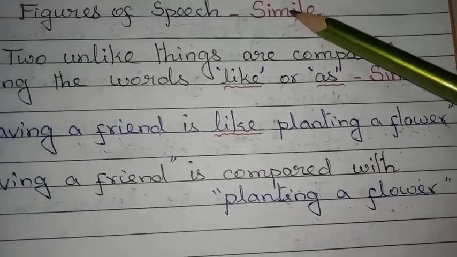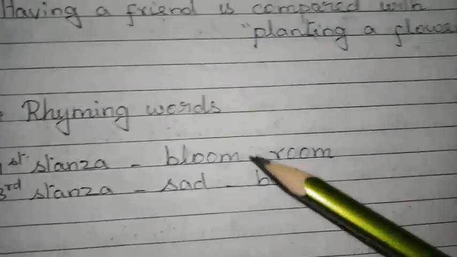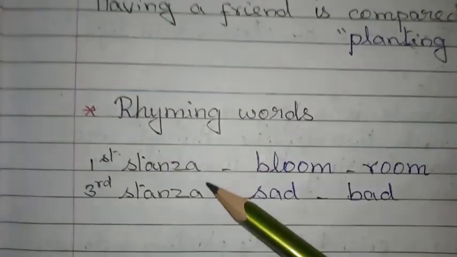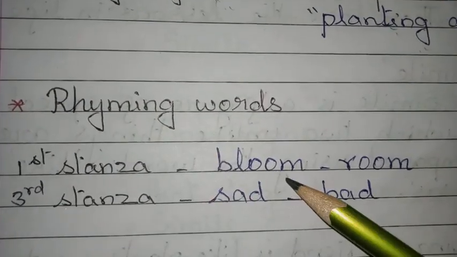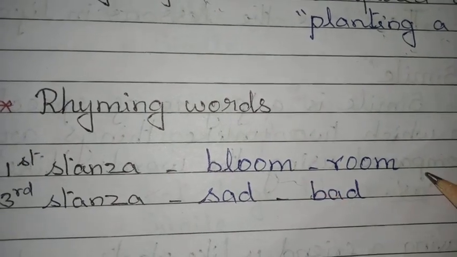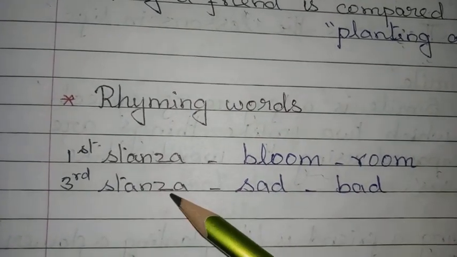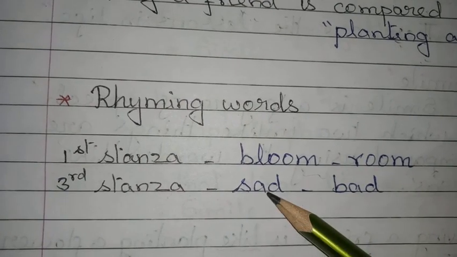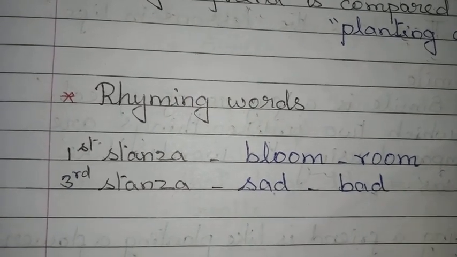So it is simile. And then the rhyming words. In the first stanza, the rhyming words are bloom, room. And in the third stanza, the rhyming words are sad, bad.